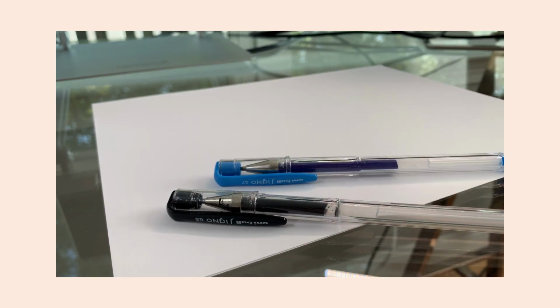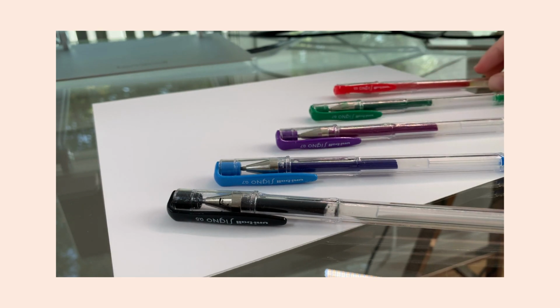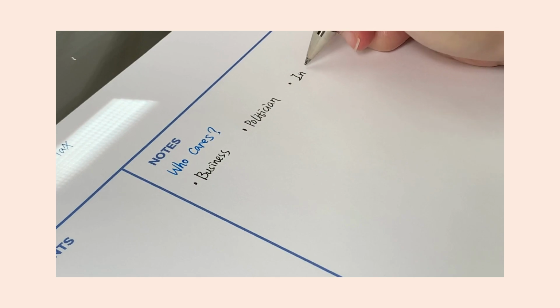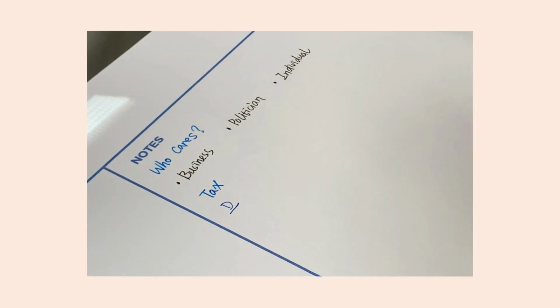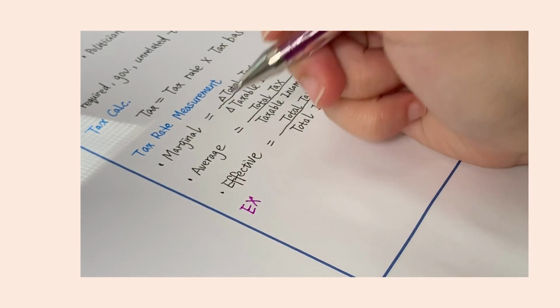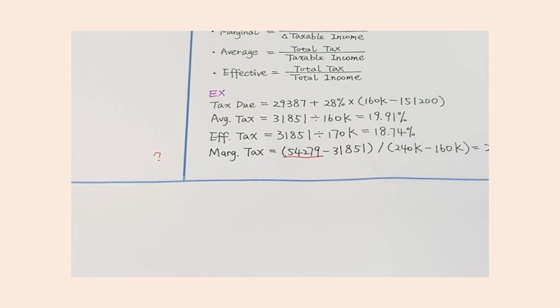For important information such as definitions, examples, or questions, I will use blue pens, purple pens, and red pens. Moreover, to accelerate my note-taking speed, I also use abbreviations and symbols, such as underlined D for definition, EX for example, and the question mark for anything I am confused with.